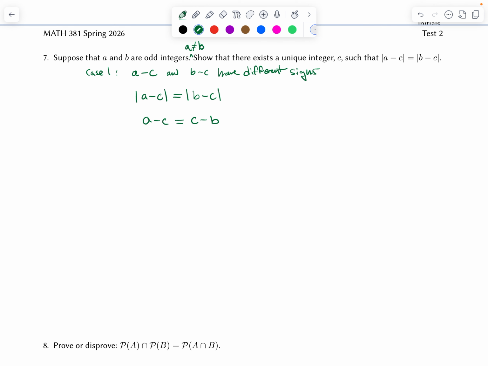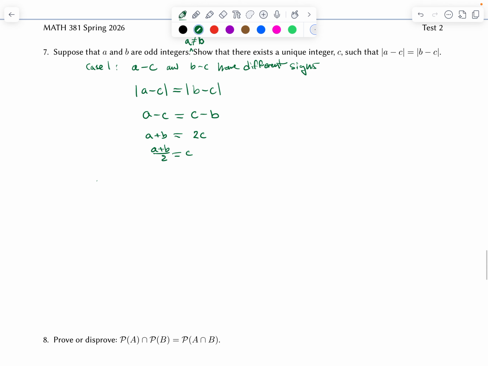Then you can write a plus b is equal to 2c, and that gives a plus b over 2 is equal to c. Now we need to check to see if that is an integer, because it might just be like 3/2. So we'll get to that in a sec.